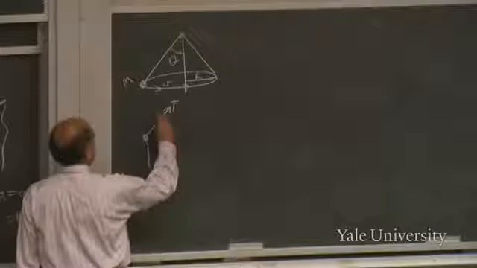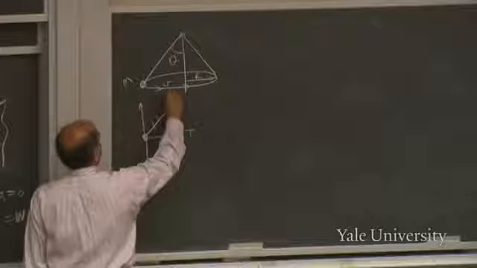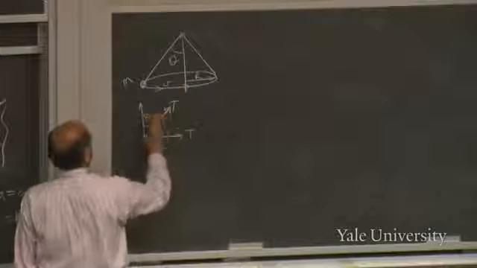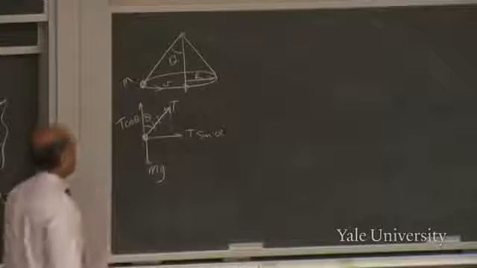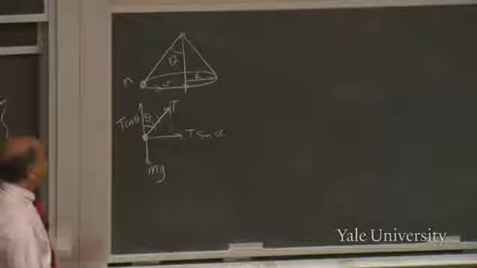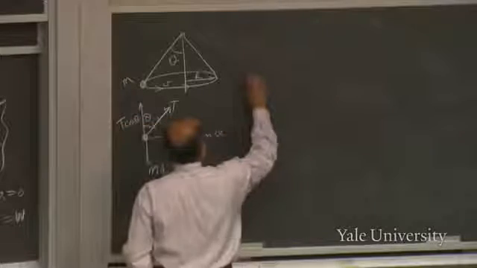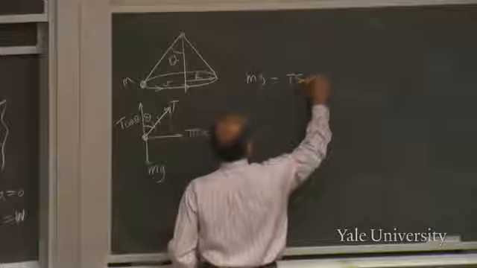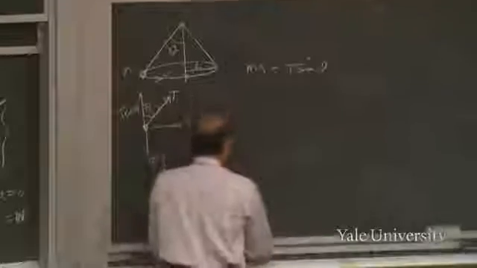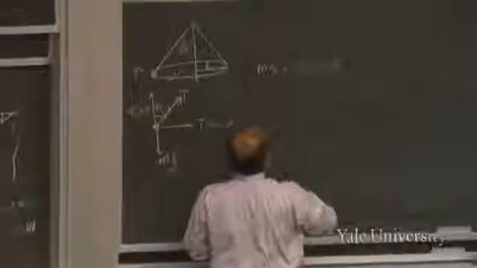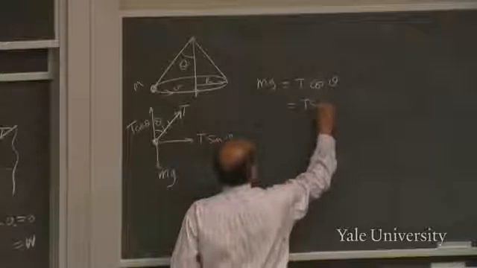So what I do with this tension is I trade it for two forces. This is T. If that angle is theta, this is T sine theta, and this is T cosine theta. So you trade that oblique T for two components in the simple directions. The fact that it's not going up or down vertically tells me mg is equal to T sine theta. Then in the other direction, T sine theta is the horizontal force.